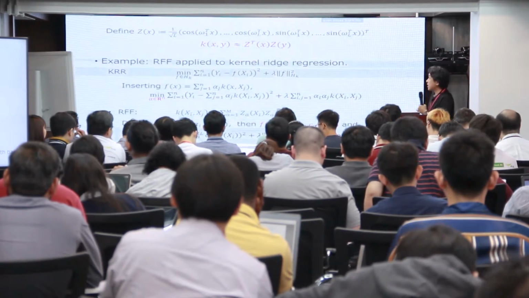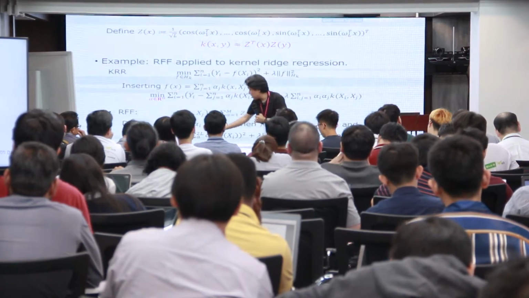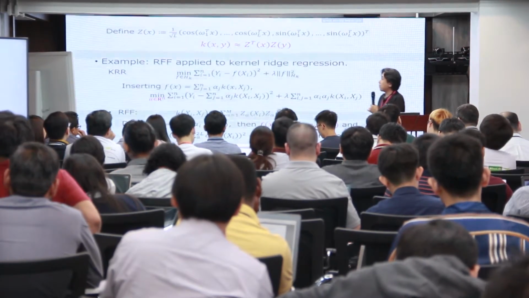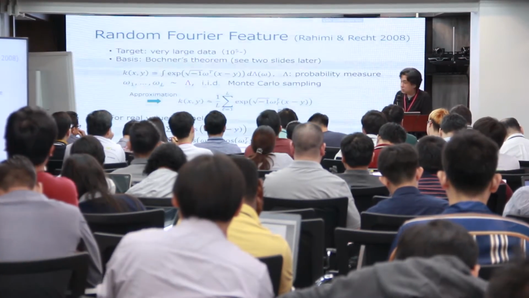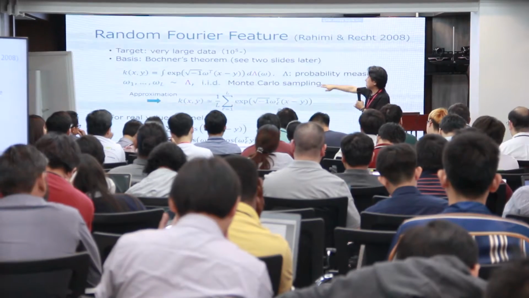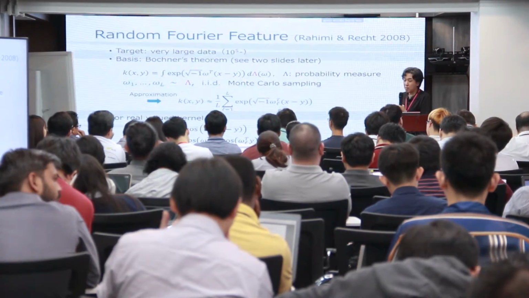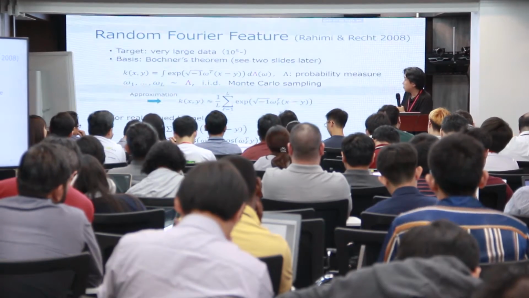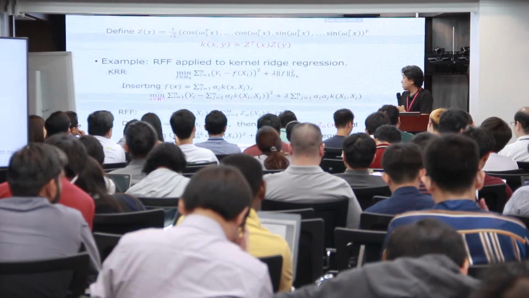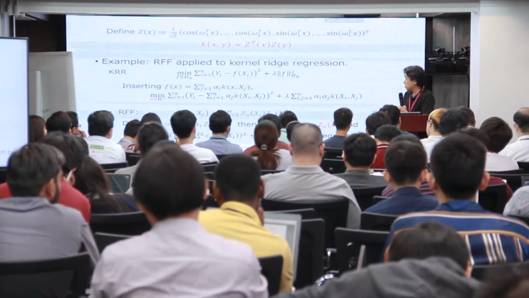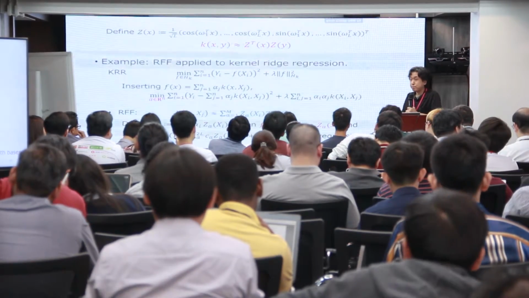And the size of this problem is given by L, basically. L is the sample size of this Monte Carlo sampling, so if the number of Monte Carlo samples is much smaller than the original data size n, this method gives much more efficient computation to approximate the kernel method.